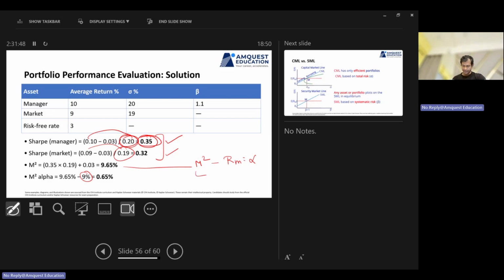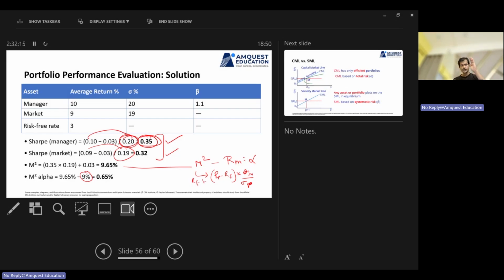Now what is M square? Potentially, it is the excess that you earned, correct, into the deviation of the market, upon the deviation of your portfolio, right or wrong? Plus, you have to add the RF.